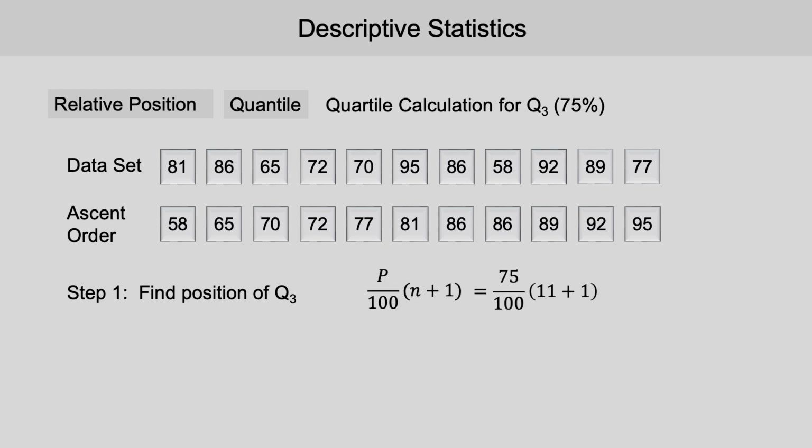Substituting these values into the formula gives us a position of 9. Next, we find the value at the 9th position. If the position number is an integer, as it is in this case, we directly take the value at that position. Since the value at position 9 is 89, therefore Q3 equals 89.